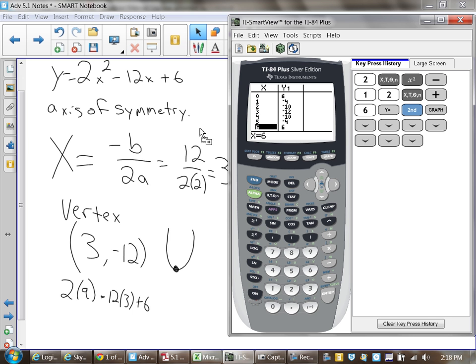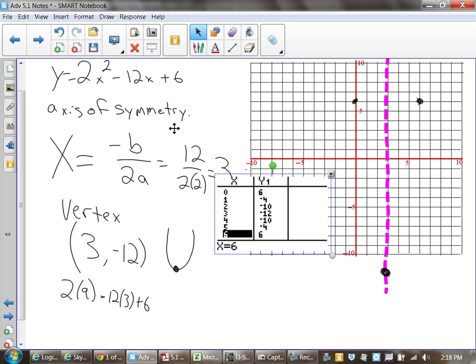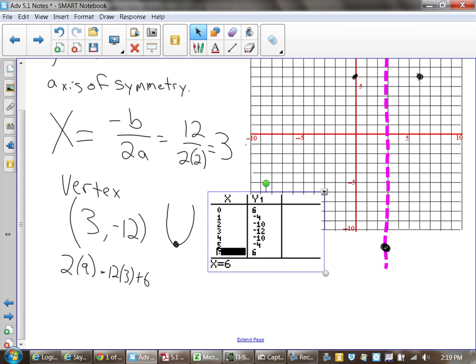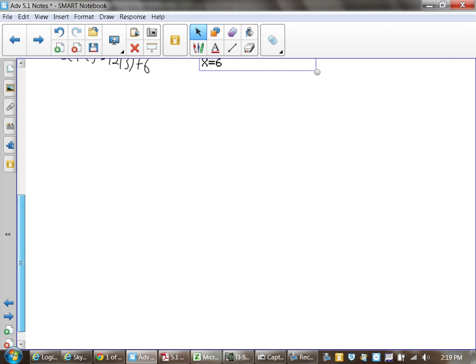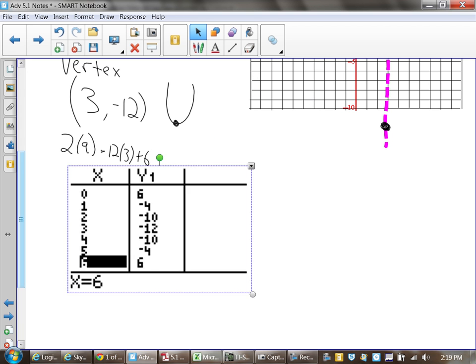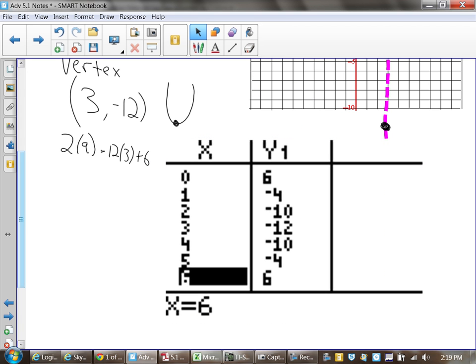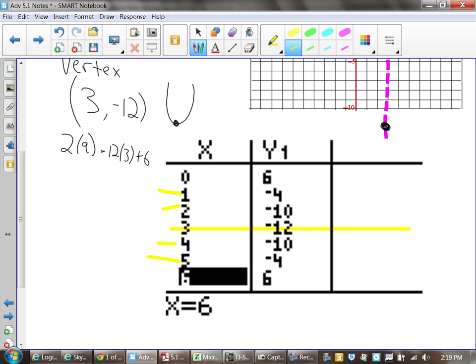Here's why I'm saying that. If I put the 3 in the middle for my axis of symmetry, here is my axis of symmetry. 2 and 4 are equidistant from 3. 1 and 5 are equidistant from 3.